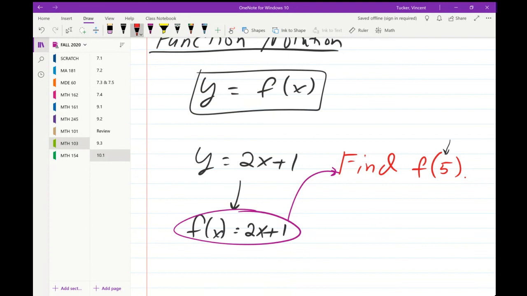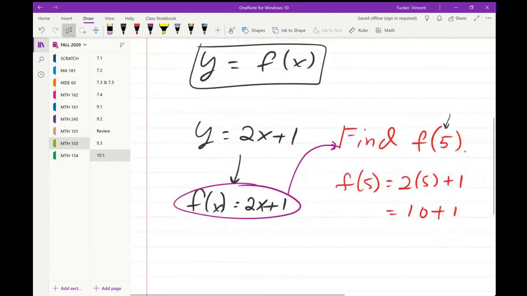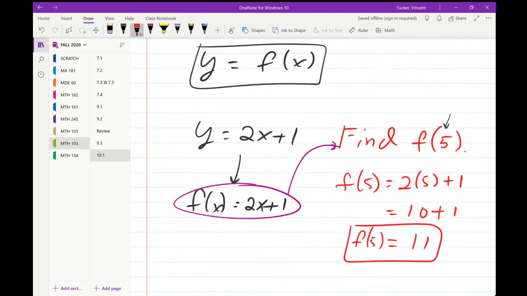So if you want to find f of 5, you'll plug in 5 into your equation and then just calculate. That's 2 times 5 plus 1, which is 10. 10 plus 1 is 11. So f of 5 is equal to 11.